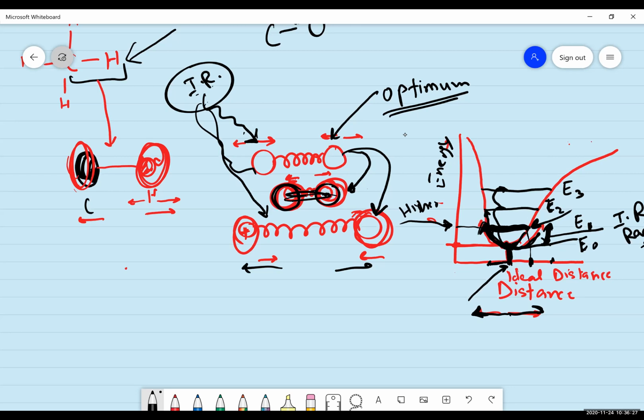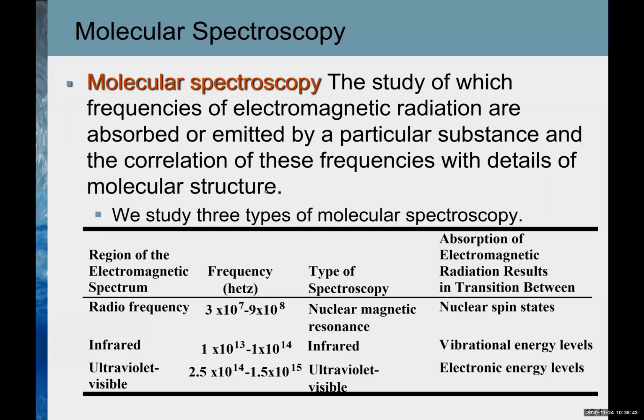So infrared spectroscopy is also known as vibrational spectroscopy, because it causes vibrations in the bond, or vibrational energy levels. The infrared frequency is in this range, and we can calculate the energy from this frequency.